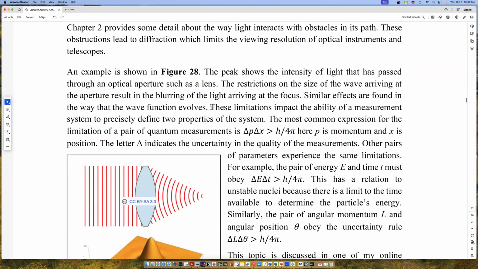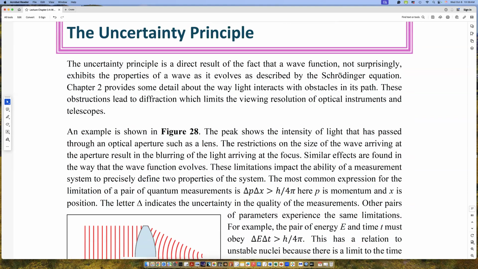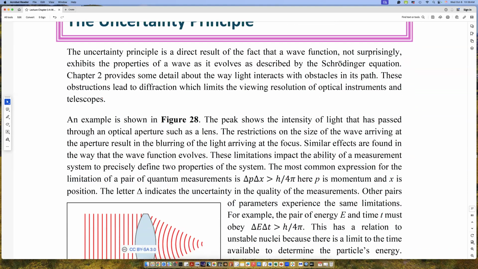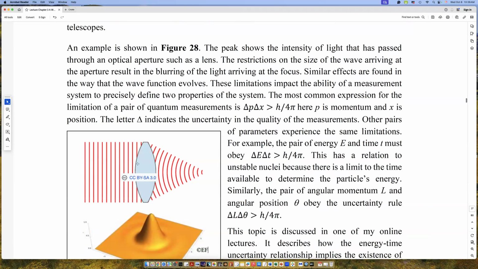And Heisenberg was certainly aware of this when he was thinking about what is the consequence of the fact that we have a description of the quantum world that relies on a wave. There must be some limitation akin to this, a limitation associated with light encountering focusing elements.